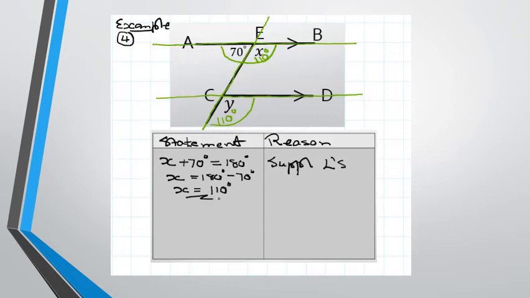110 degrees. Now, if I go for the y, I can say that y must be equal to x, which must then be equal to 110 degrees. This time, corresponding angles, sorry, just the one, two R's, corresponding angles.